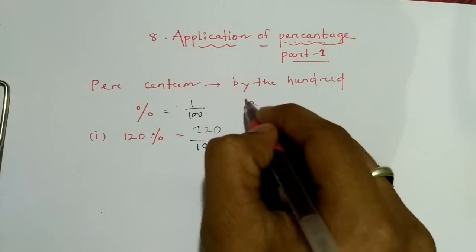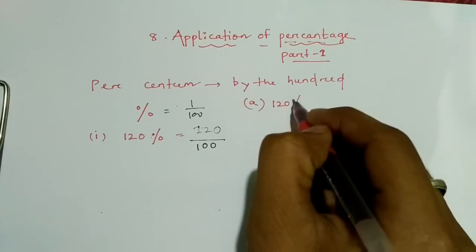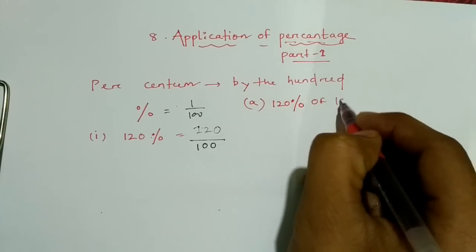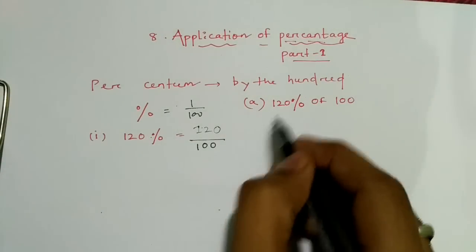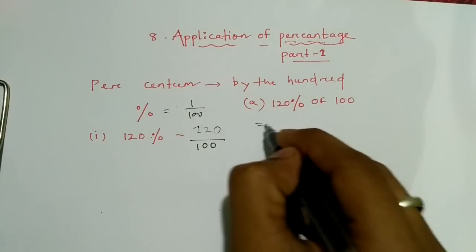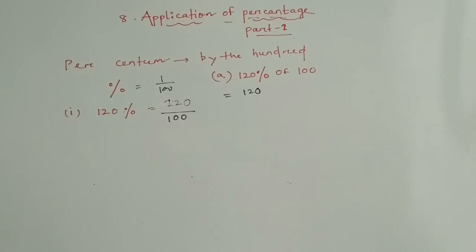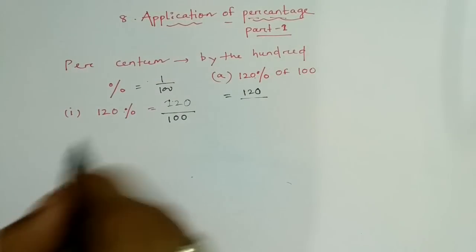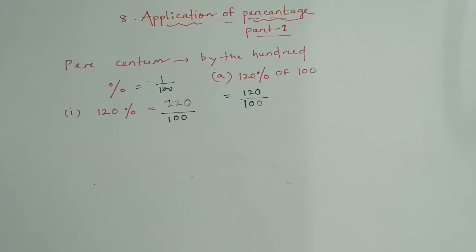First, if I say I have to find out 120 percentage of 100, then what can you do? 120% of 100 means 120% that is 120 divided by 100, because percentage means we have to divide by 100.